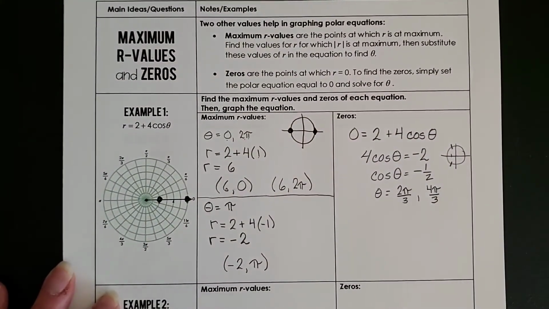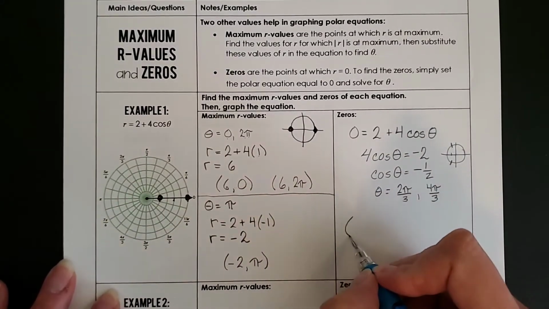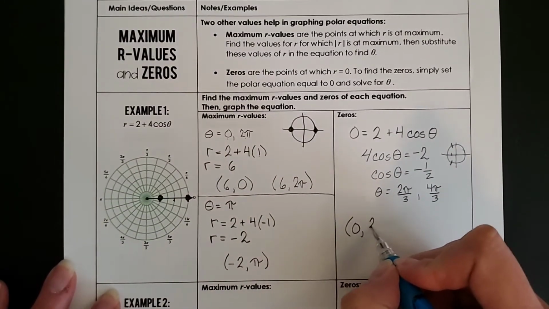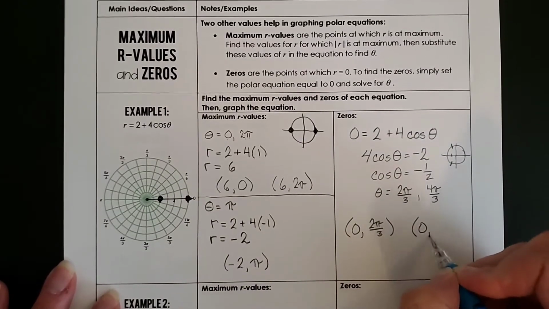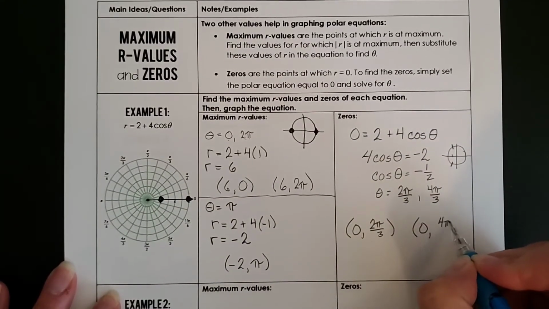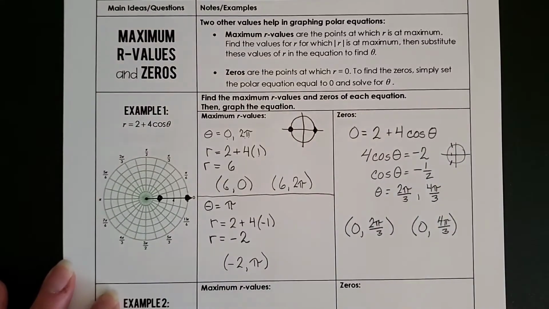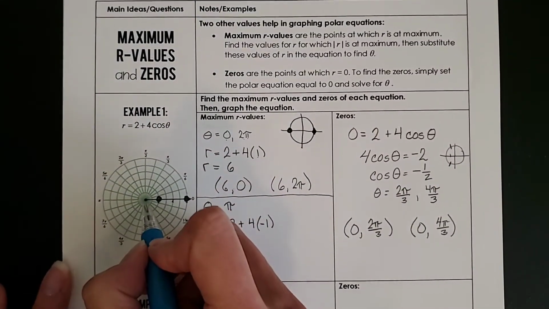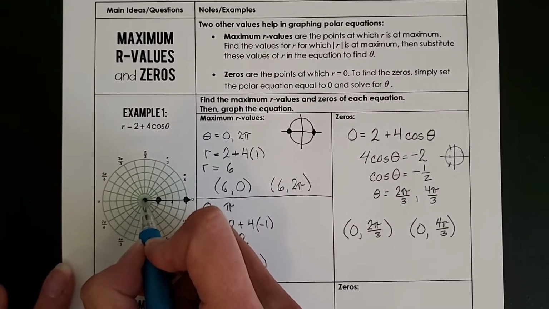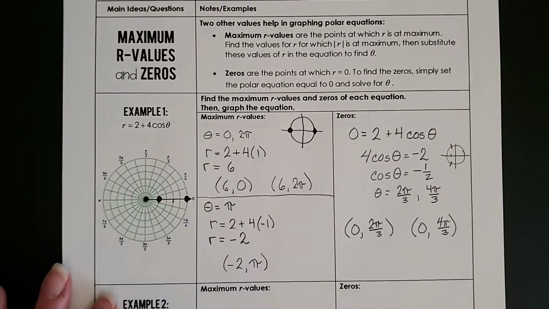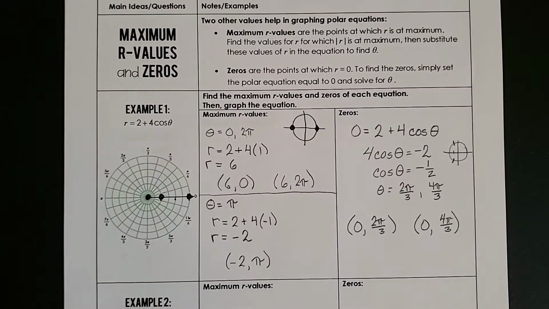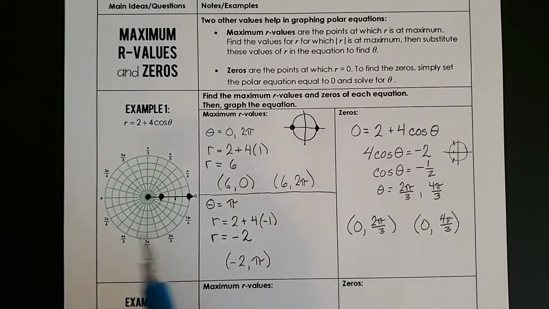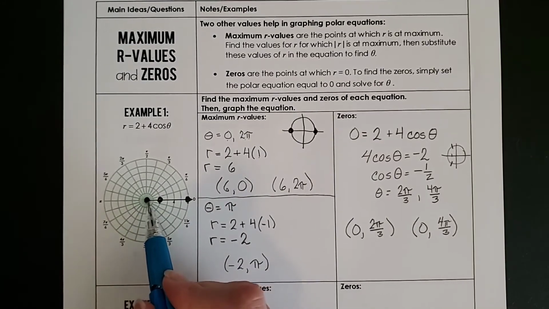And we have 2 more points. The r value is 0 when theta is 2 pi over 3, and it is also 0 at 4 pi over 3. Now these are coming through here, and since it's 0 away from that origin there, it just sits there.